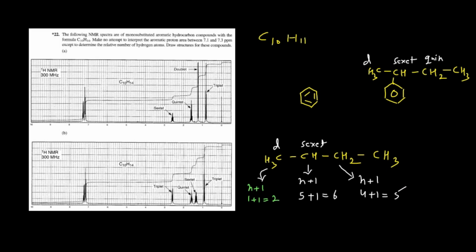And then the last one, this CH3: definitely 2 hydrogens are on the left hand side. If you apply the n plus 1 rule for this one, in the neighbor you have only 2 hydrogens, so 2 plus 1 equals 3. So this will give you a triplet.